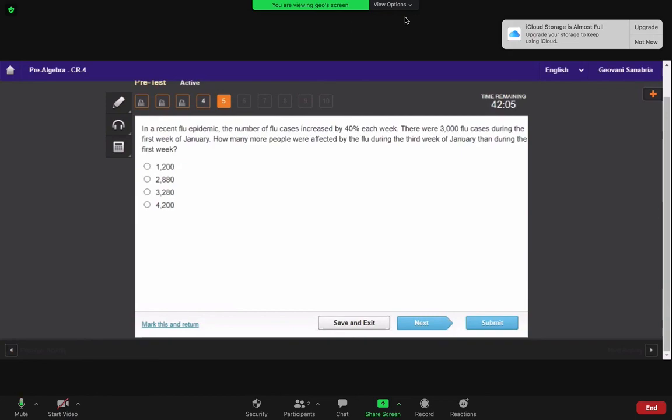So take that number and multiply it by 1.40. I got 58.80. Yeah, and then it's asking how many more people were affected by the flu during the third week, so the third week is 5,880. Then during the first week, you subtract off the 3,000.